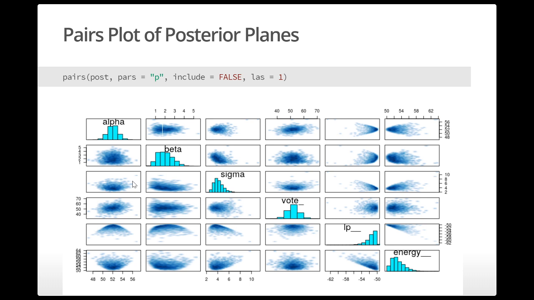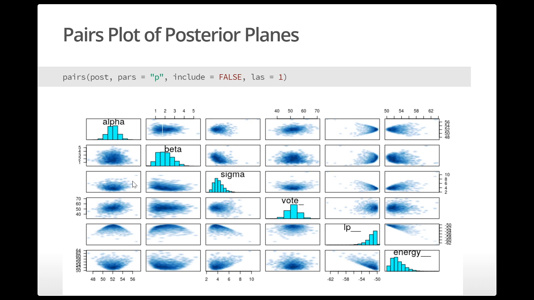So if beta is out in its tail a little bit, 4, 4.5, then sigma tends to be lower, because these are negatively correlated a little bit through here. So it's basically saying if the sensitivity is higher, the signal is higher, the noise is less. But a lot of uncertainty in estimating both of these.